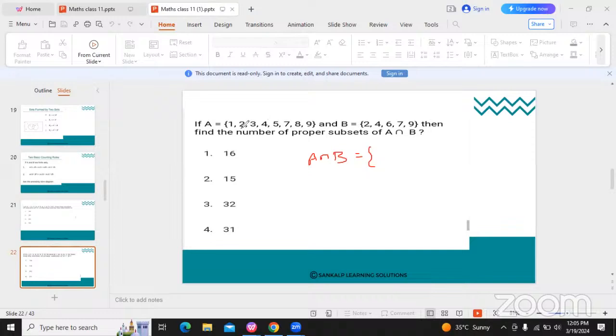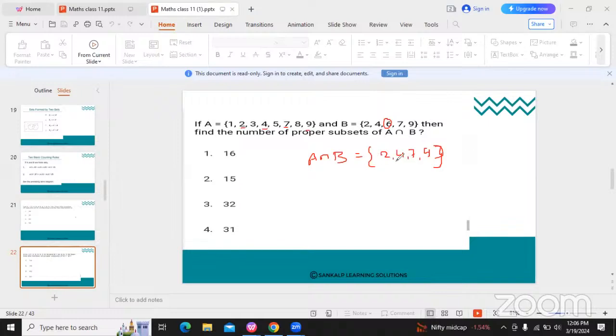A intersection B is 2, 4, 7, 9. Yes or no? Because 6 is in set B, but in set A it is not present. So it is 2, 4, 7, 9. This is the A intersection B.